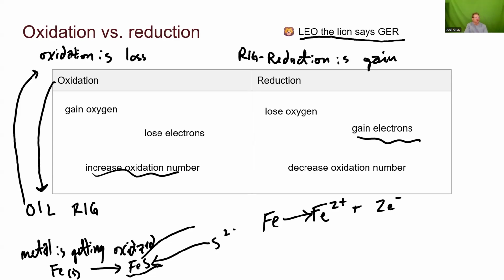So if I gain electrons, and I always like to think about it like this, let's say that Joel, that's my name, if I gain an electron, would everyone agree that this right here is a math representation of me gaining one electron, a Y or an N? Does everyone agree that that is me, Joel, gaining one electron?